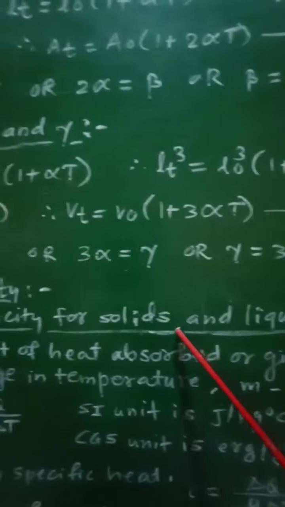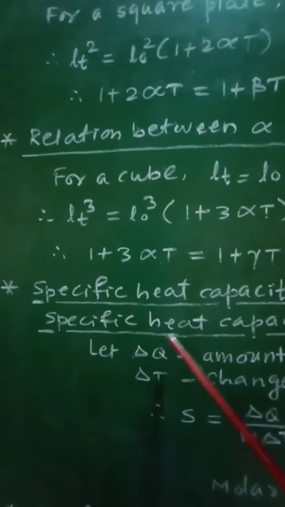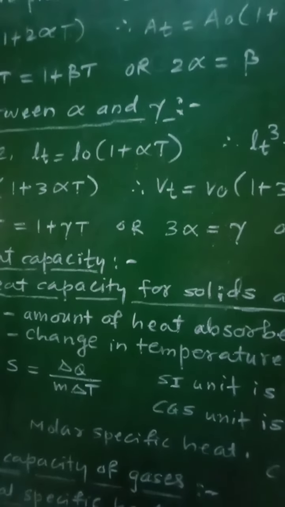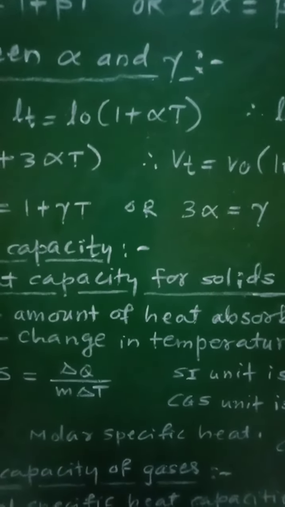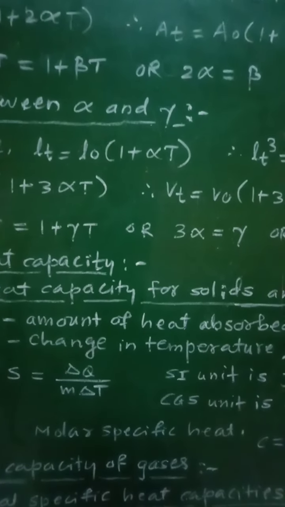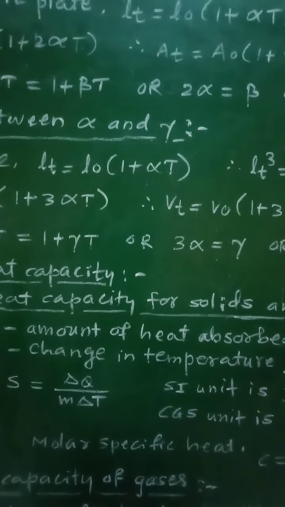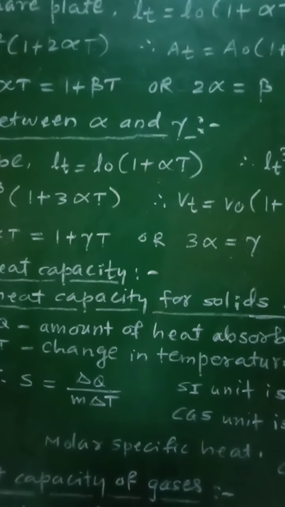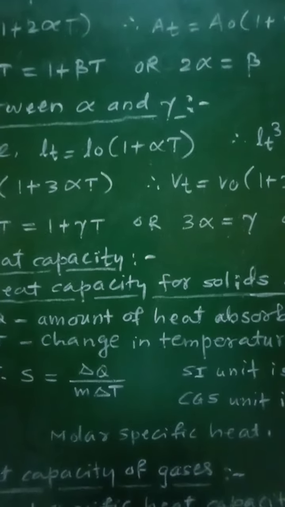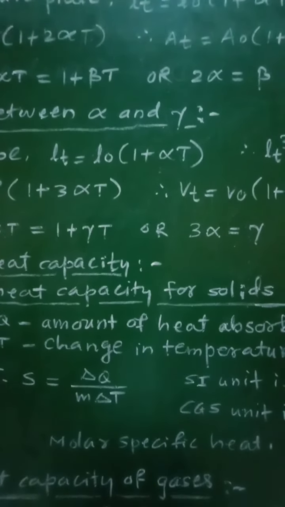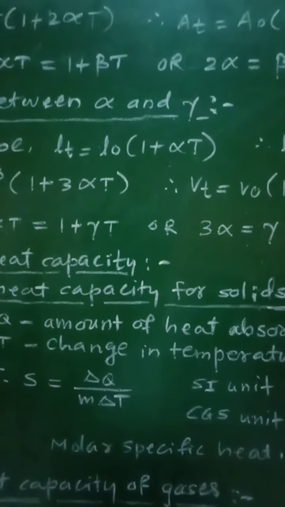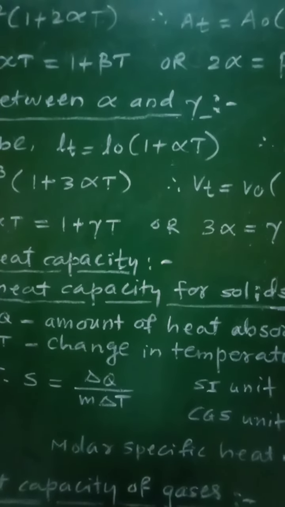The specific heat capacity of solids or liquids is defined as the amount of heat per unit mass absorbed or given out by that solid or liquid to change its temperature by 1 unit, that is 1 degree Celsius or 1 Kelvin.